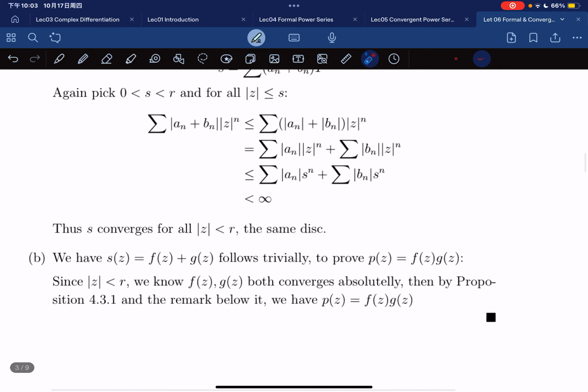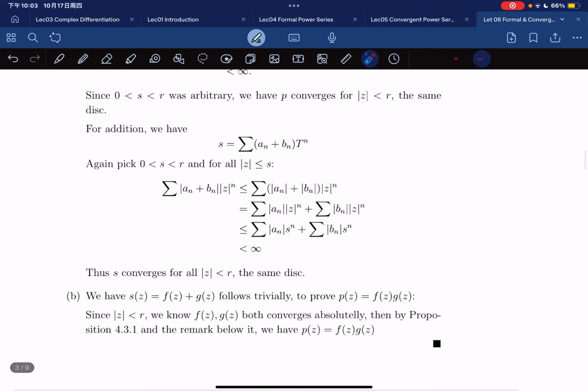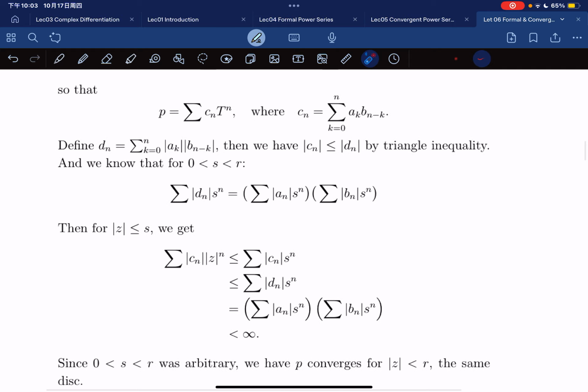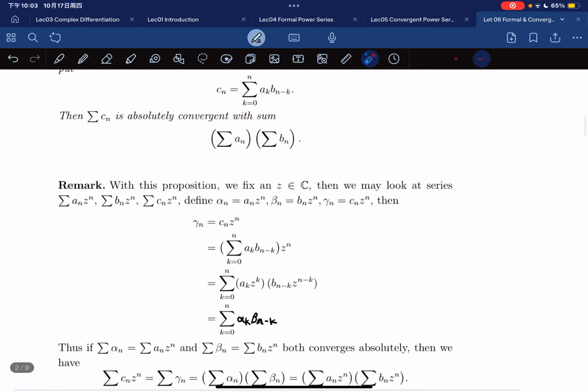And S(z) is equal to f(z) plus g(z) because of this. Also P(z) is equal to f(z) times g(z), because we already proved it here.